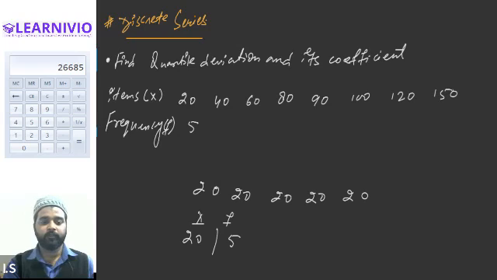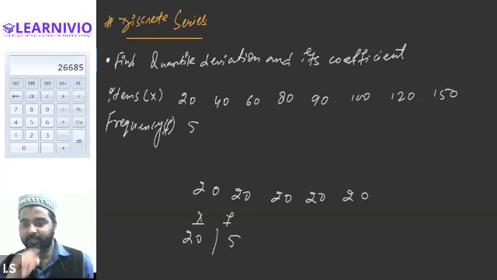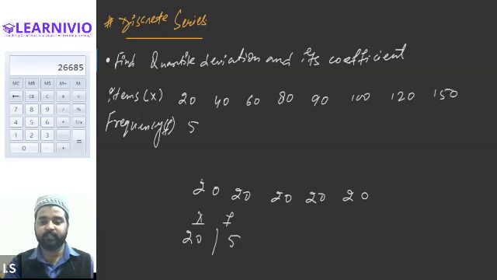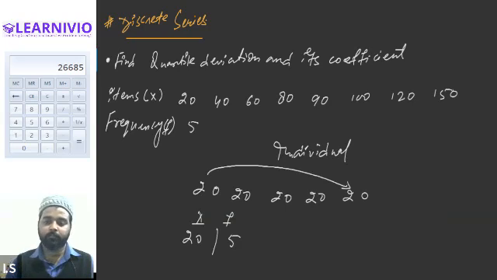Getting my point? So this is the item and this is its frequency. If it is written 5 times continuously, then it is called an individual series. So in case of an individual series, we write down the items the number of times they are getting repeated. But in case of discrete series, we basically do a little shortcut.